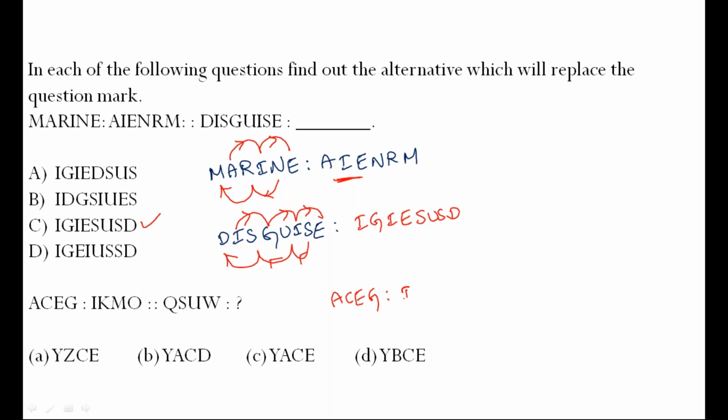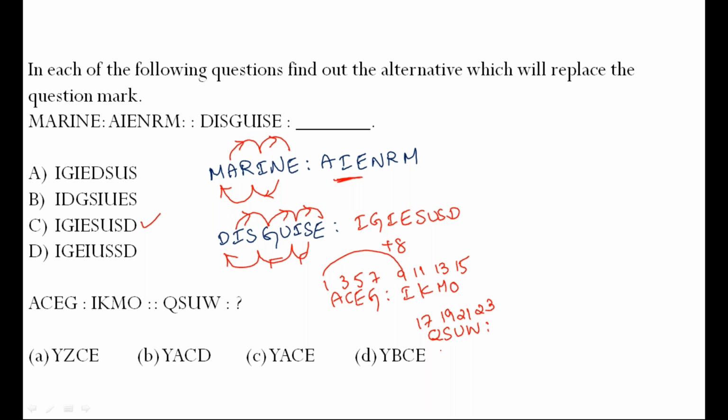ASG is given as IKMO. Now QSUW is given as what? Now this is series 1, 3, 5, 7. This is 9, 11, 13, 15. Alternate letters, right? 17, 19, 21, 23. This is plus 8 for the first one.